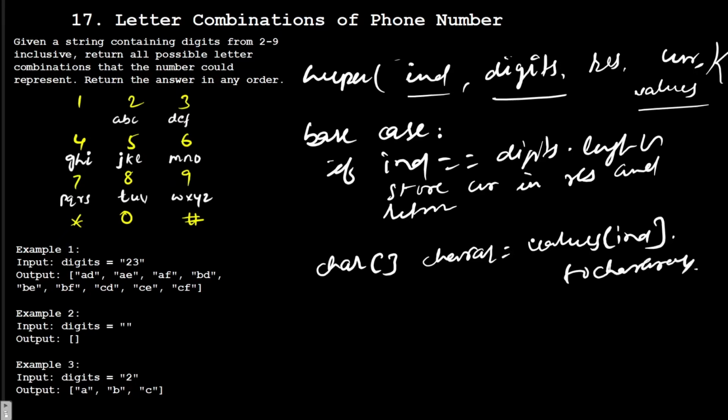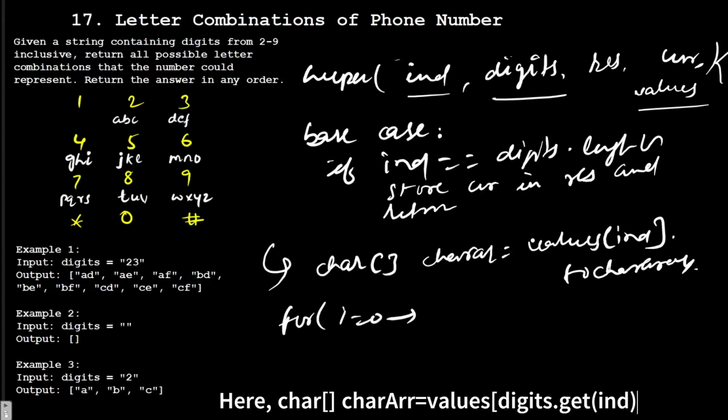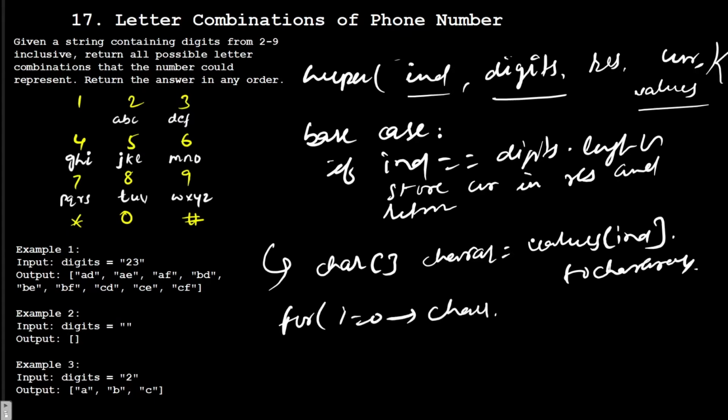Okay, and if you are using any programming language other than Java, then you don't have to transform this, you can simply iterate. After that we will be iterating from index 0 to char array dot length.